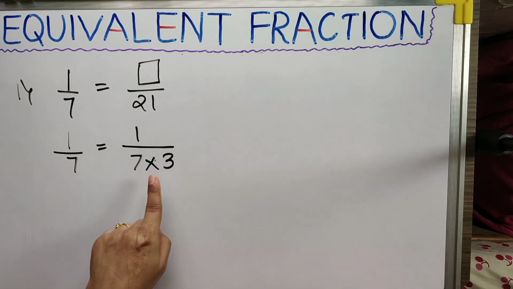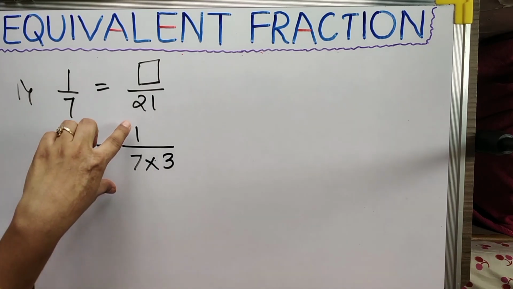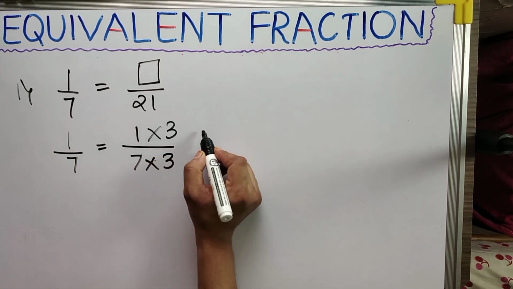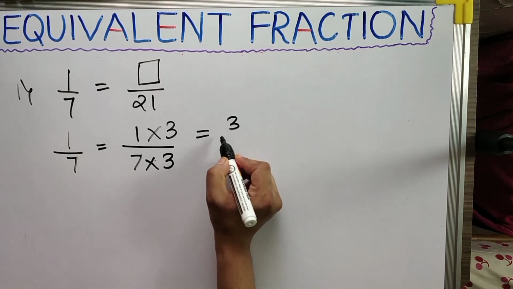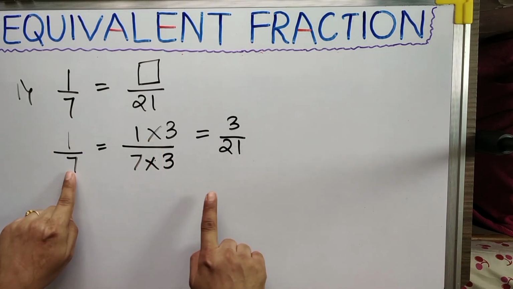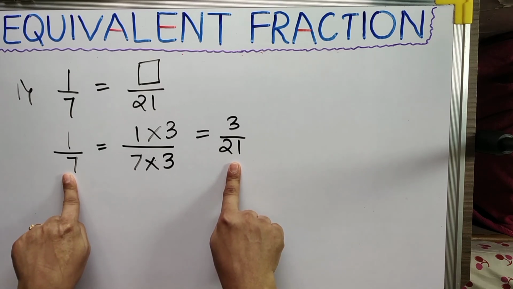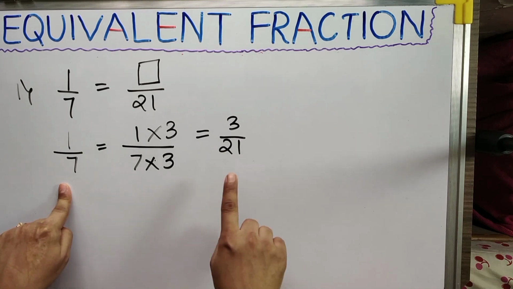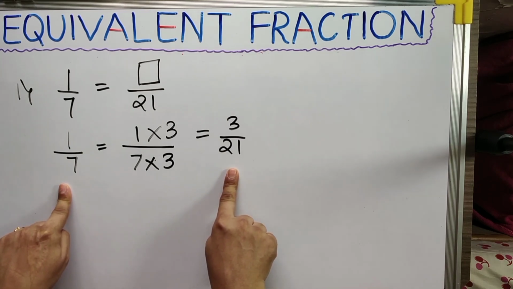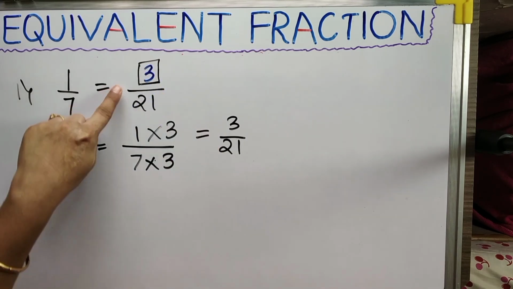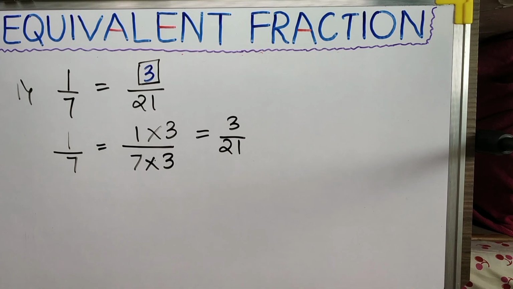And whatever we do with the denominator, we do the same in the numerator as well. So, 1 multiplied by 3. So, the answer would be 3 upon 21. See, we made the fraction equivalent. The fraction 1 upon 7 is equivalent to 3 upon 21. So the answer would be 1 upon 7 is equal to 3 upon 21.